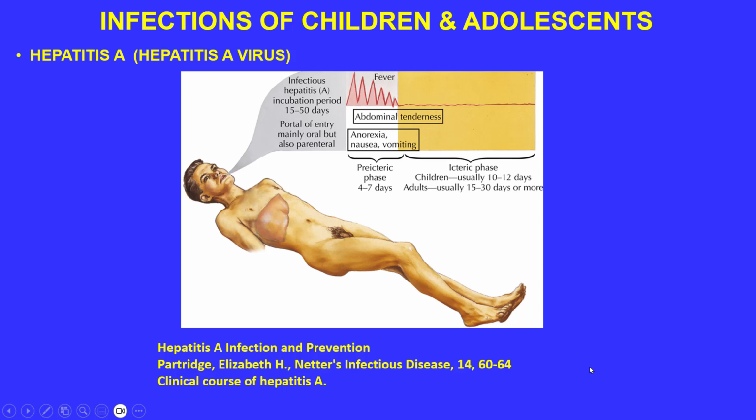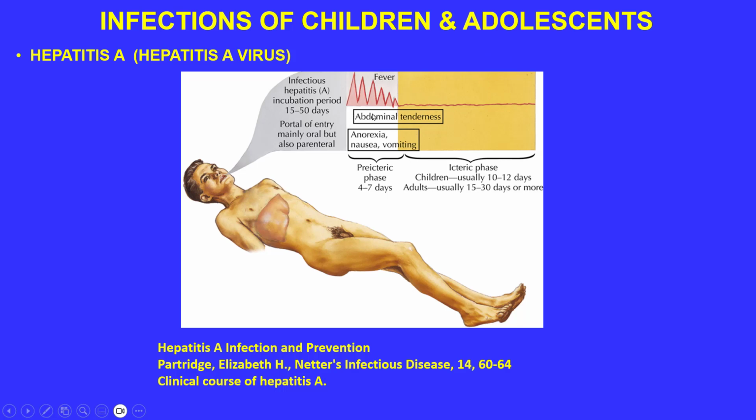If we look at the clinical course of Hep A, you have the infectious Hep A incubation period of 15 to 50 days. The portal of entry is mainly oral, but also parenteral. And you have the pre-icteric phase. In this period of time, you're going to start seeing a fever.